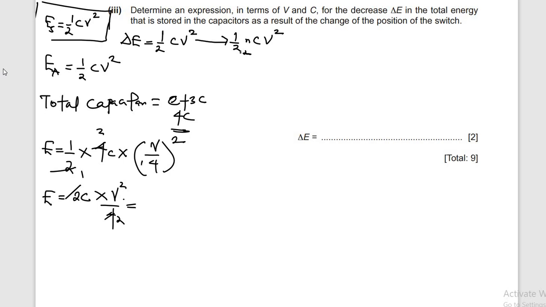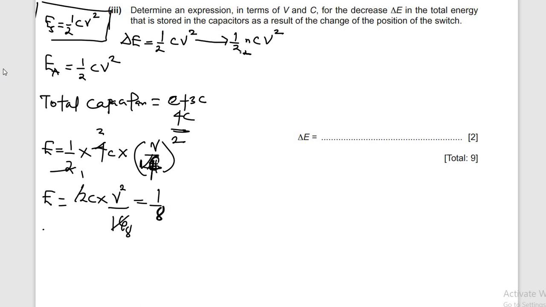No, this one is 16. 4 squared is 16. So in that case, we have 2C multiplied by V squared over 16. 2 over 16 is 1 over 8.